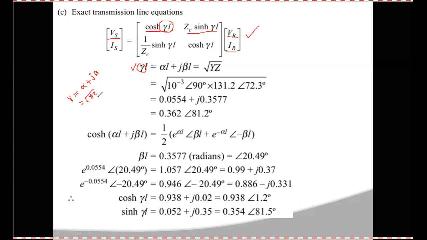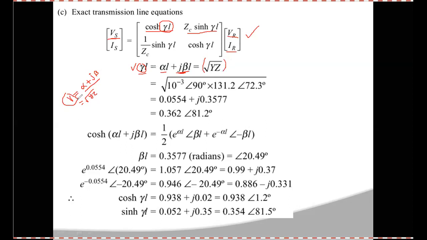The value of this gamma is a complex number, in the form of alpha plus j beta. Then gamma L is alpha L plus j beta L. This can also be written as root yz.